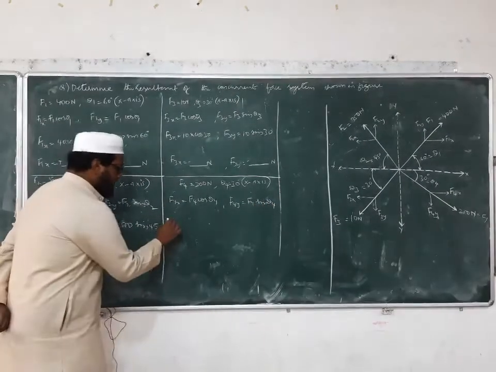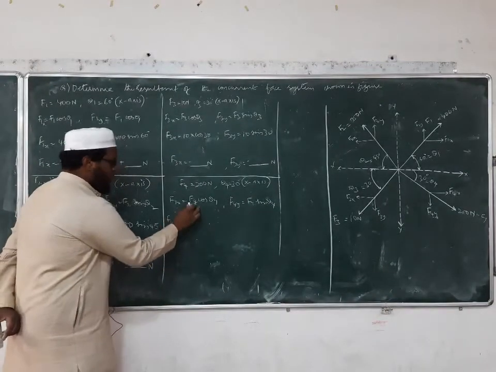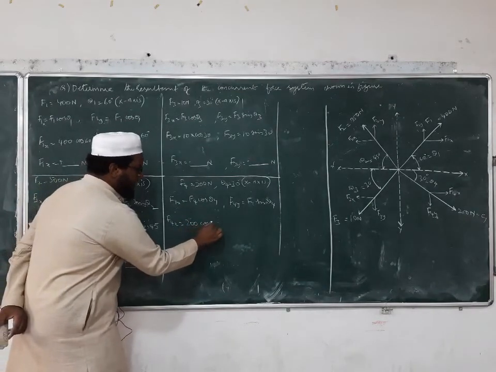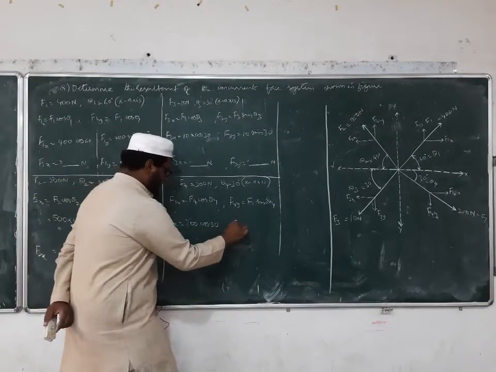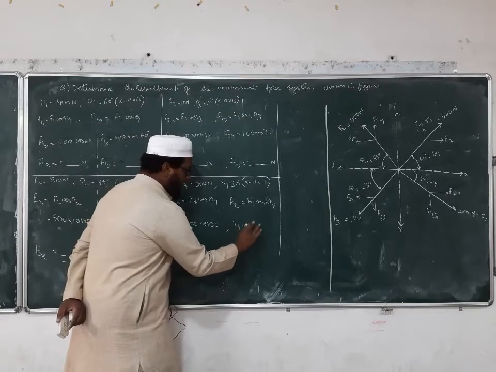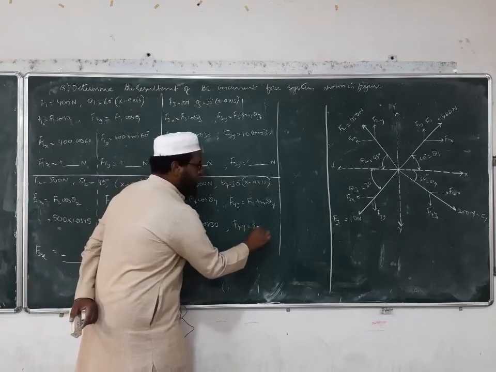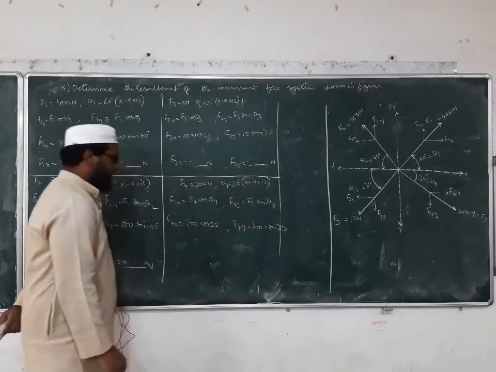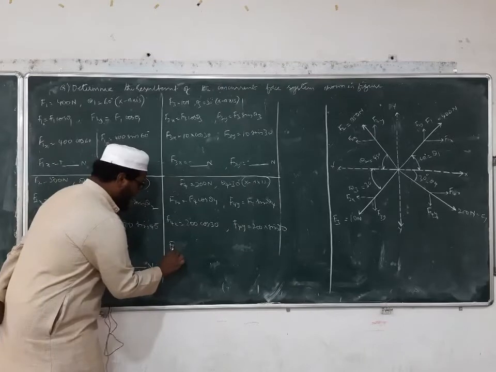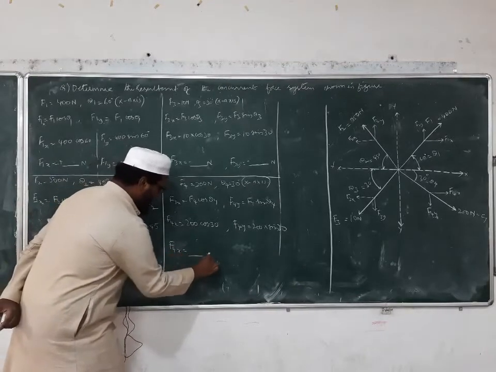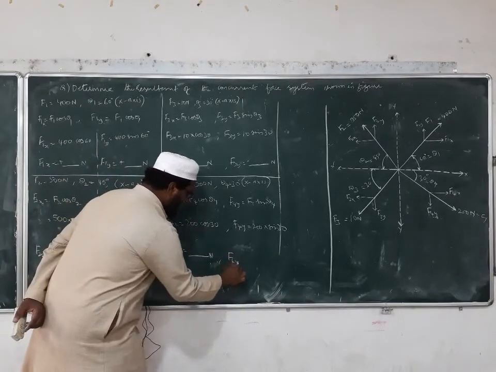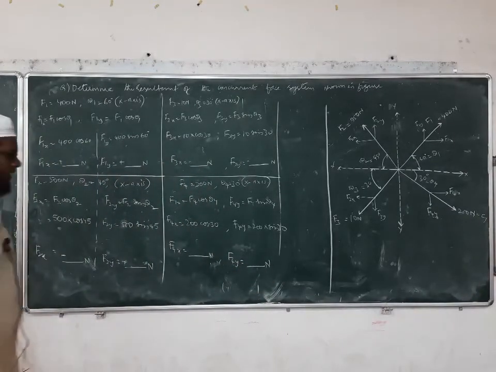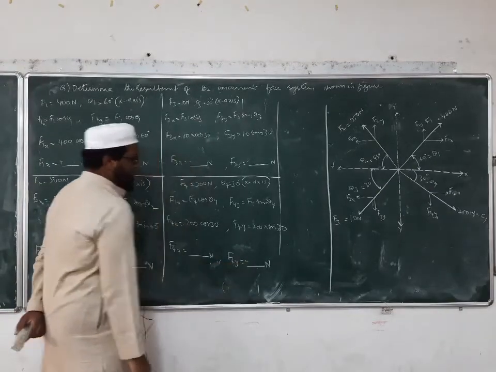Right. So F4x is equal to 200 into cos 30. Then F4y is equal to 200 into sin 30. So you will get F4x value in newtons and F4y in newtons. But here in this case you will get the value of F4y in negative sign. Okay.